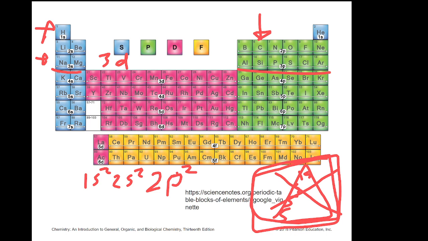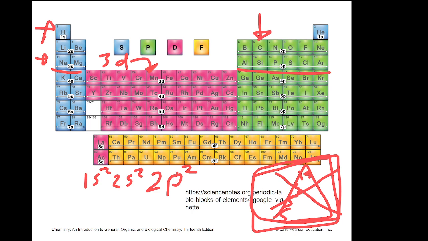So what happens to weird, awkward rooms in your school? They get skipped, don't they? They only get filled when people have to fill them, right? And the same thing happens here. These are very strange, slightly higher energy rooms, okay? Slightly higher energy orbitals. And so the 3D orbitals don't get filled until you're on the fourth period, because they're weird rooms, okay?